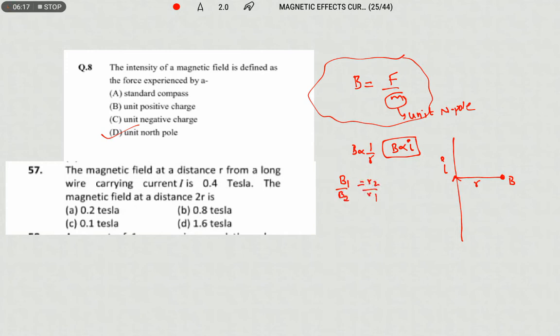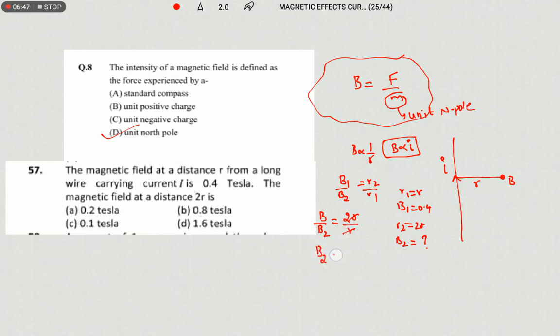When the distance R1 is equal to R, B1 is 0.4 Tesla and R2 is equal to 2R, and they are asking what is the value of the magnetic field at a distance of 2R. So B1 is B, and R1 is R, R2 is 2R, so R gets cancelled.